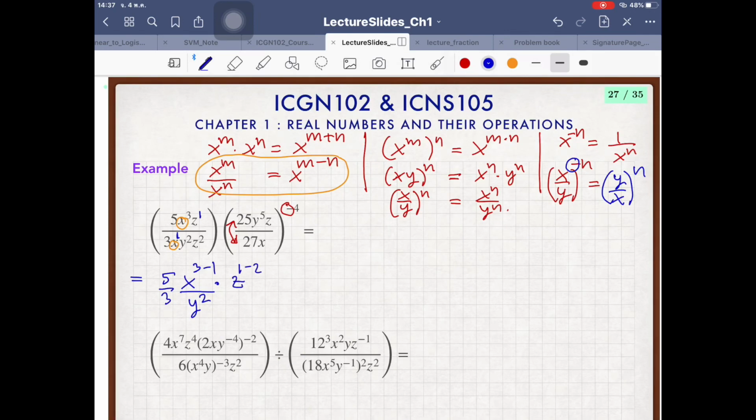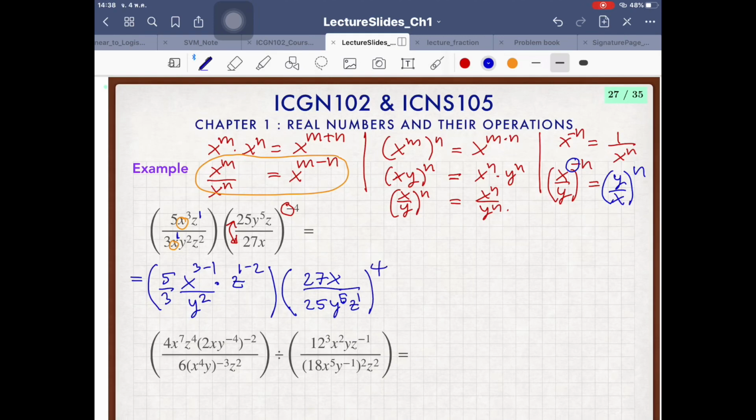So you put it to be z to the power 1 minus 2. And then now you can do the flipping upside down between these two terms because you see the minus sign here. So you're going to get 27x over 25 y to the power 5 z to the power 1.